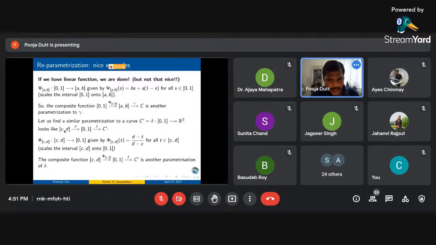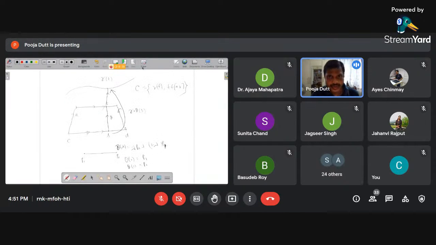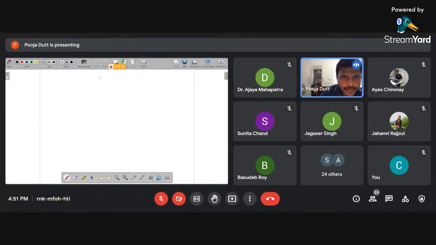So assume this t is running between C and D and you try to change it to the interval 0, 1. The process looks like this. You should have t running between C and D. You convert this interval to 0, 1.